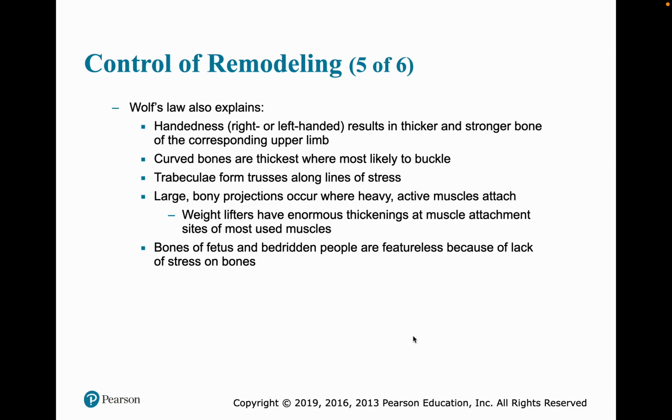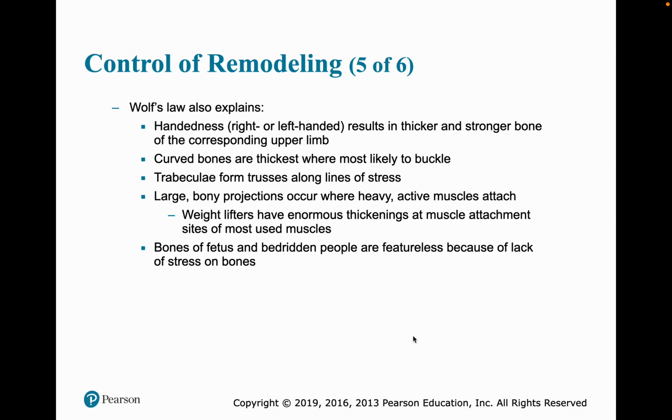It also explains why curved bones are thickest where they're most likely to buckle. Trabeculae are going to form trusses along the lines of stress. Large bony projections occur where heavy active muscles attach, so weightlifters have enormous thickenings at the muscle attachment sites for those muscles that they are using to lift.